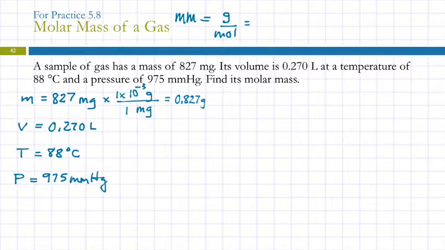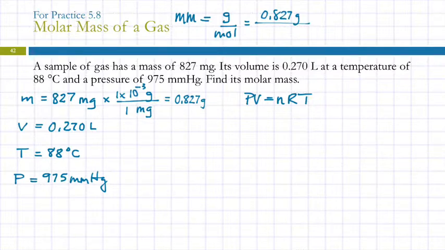So the molar mass is equal to 0.827 grams divided by something, divided by moles. Well, we've got volume, temperature, and pressure, and we've got the ideal gas law. PV equals nRT. N is the number of moles.